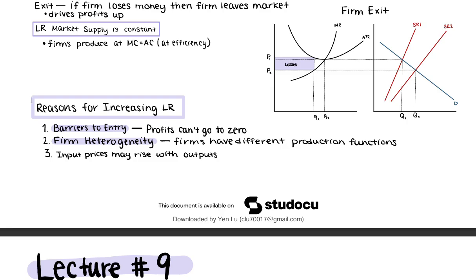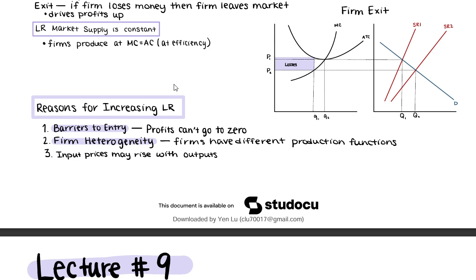Reasons for an increasing long run supply curve. Even though our conclusion is that in the long run supply curve our profit equals zero, in reality we don't see that. So the following are some reasons.